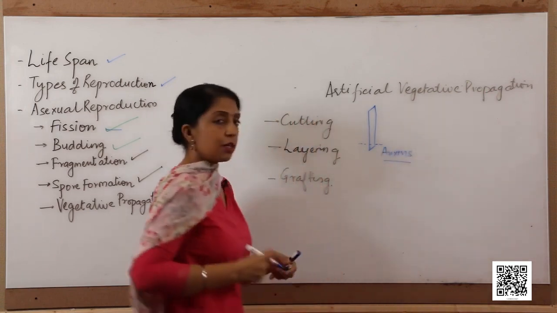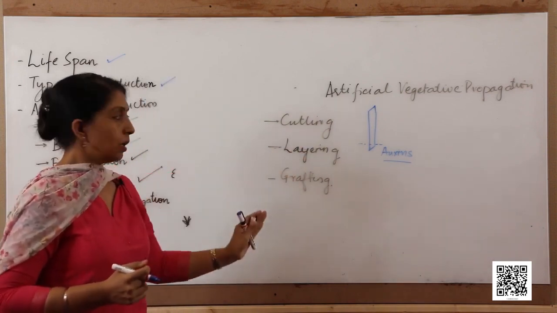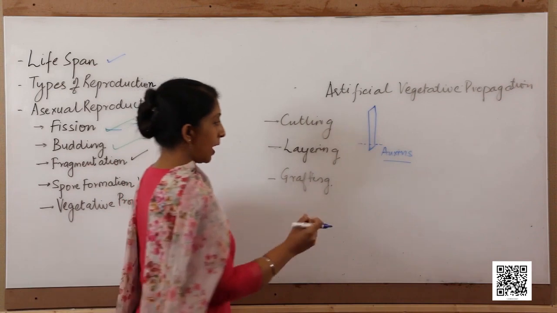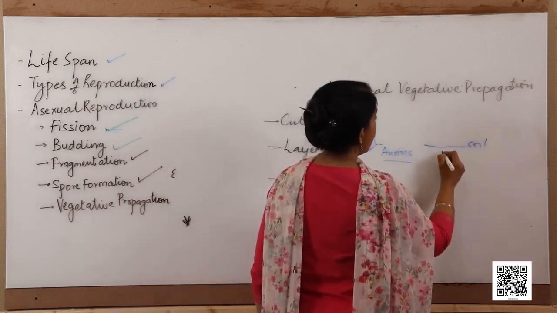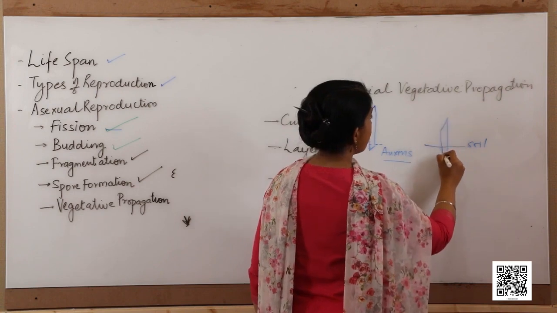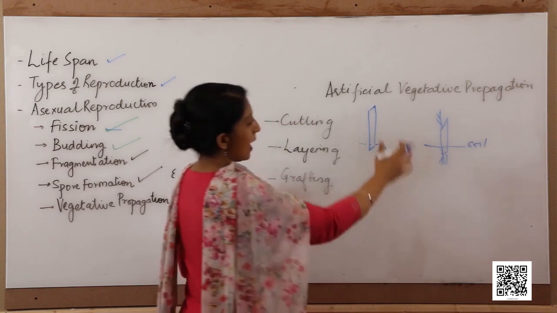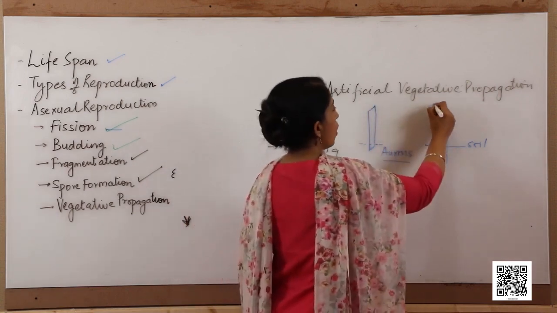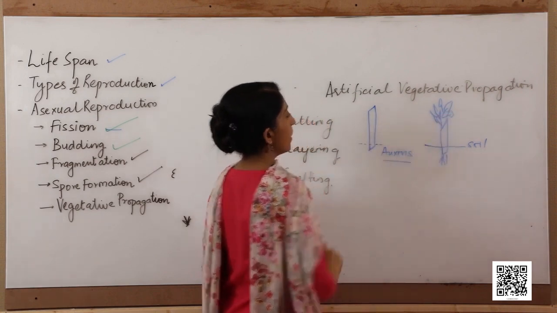These auxins stimulate the root formation in that part of the cutting from the plant, and then they are sown in the soil. And these cuttings then later give rise to a new plant, forming roots at the base and stem and leaves at the top. So this is how cutting is performed.